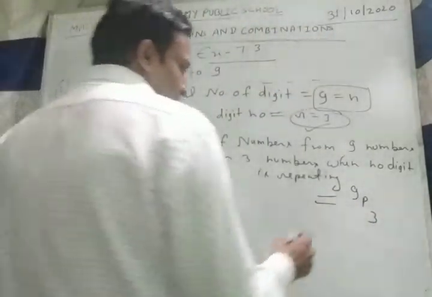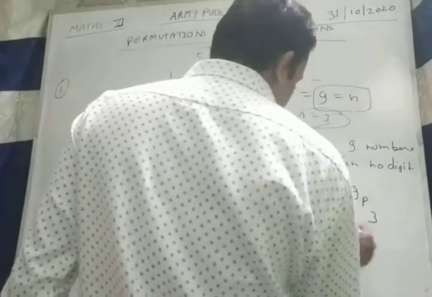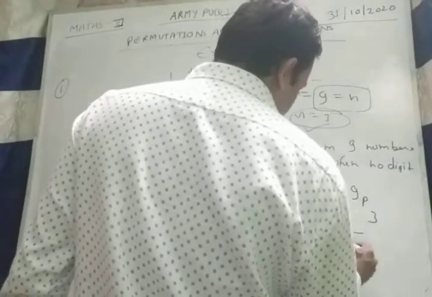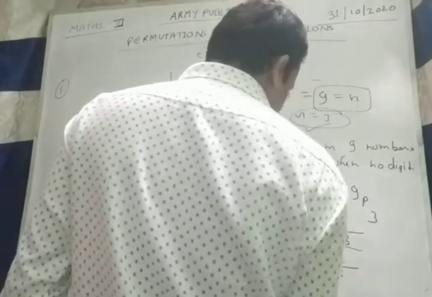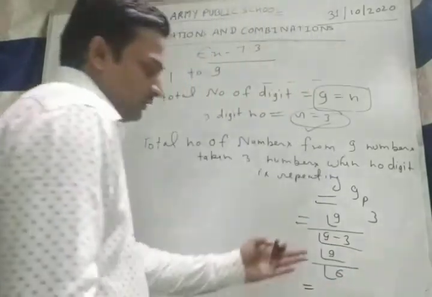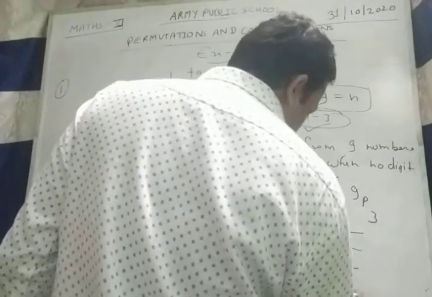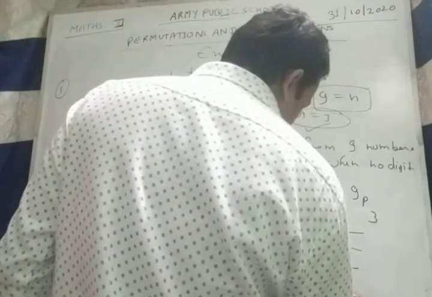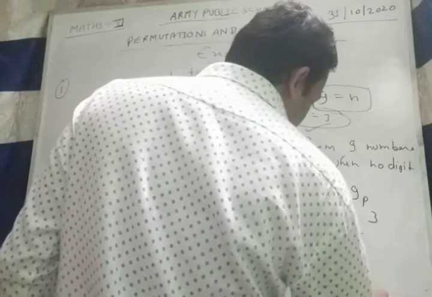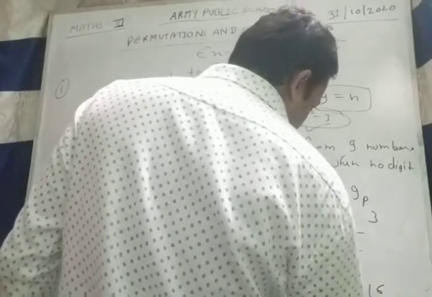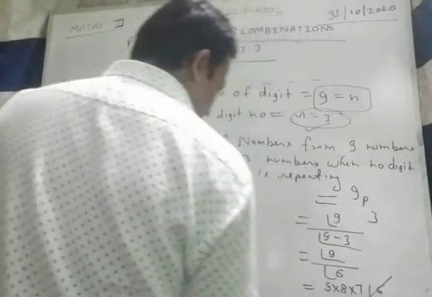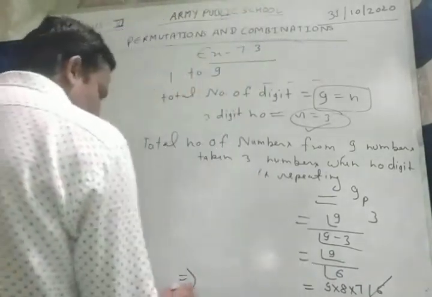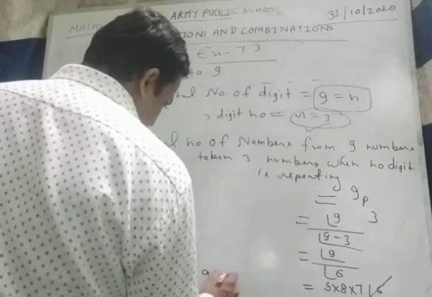So we can write factorial 9 divided by factorial 9 minus 3, that is factorial 9 by factorial 6. Factorial 9 is 9 into 8 into 7 into factorial 6, divided by factorial 6, and it will be cancelled. So the solution will be 9 into 8 into 7.